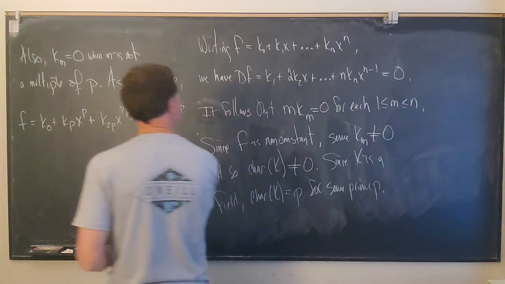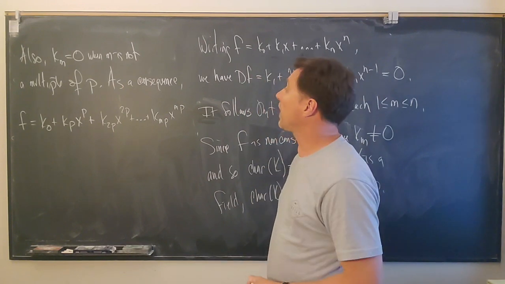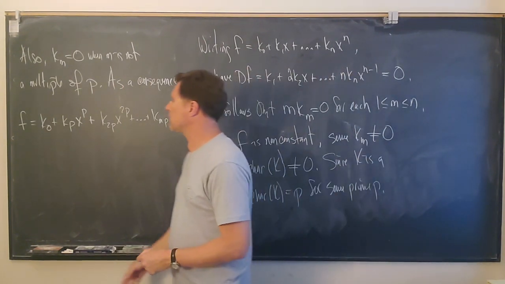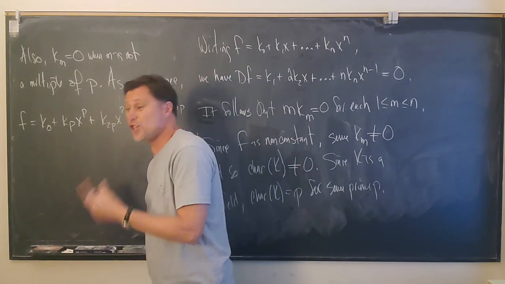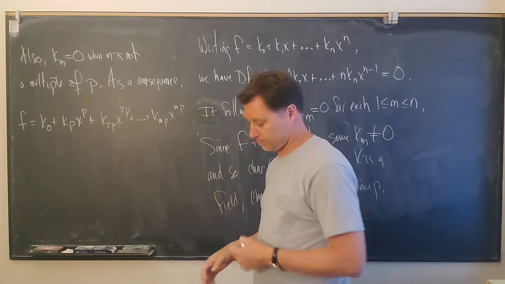So that's exactly what we said. Now what we have is characteristic is p, and f is expressed as a polynomial, call it g, where you replace x with x to the p.